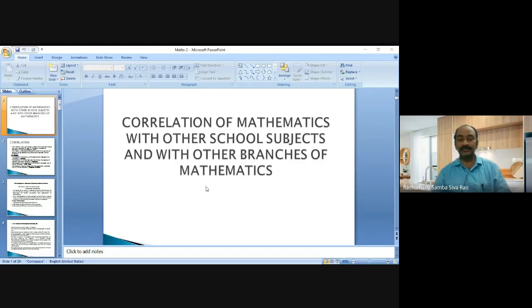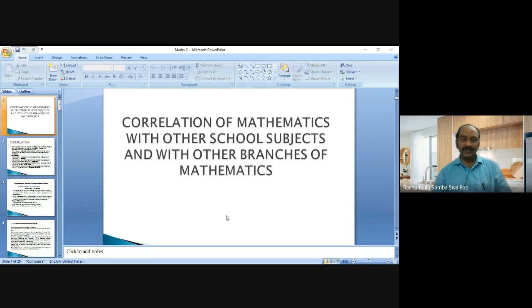We have divided the unique knowledge into various subjects for our convenience, to gain the knowledge easily. You have to keep this point in your mind before going to discuss the correlation of mathematics.